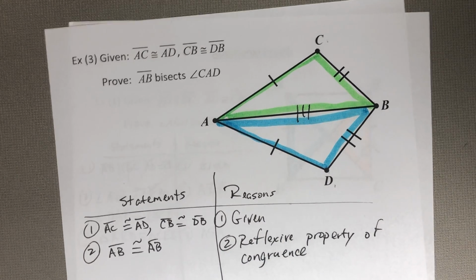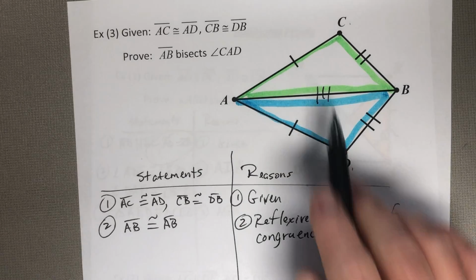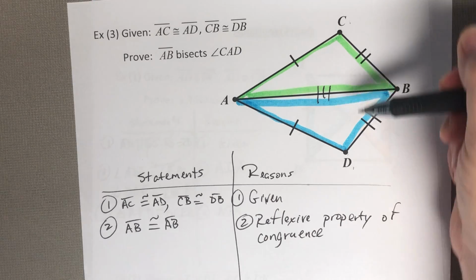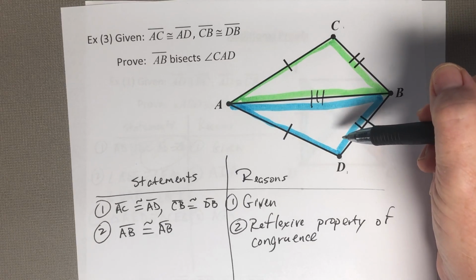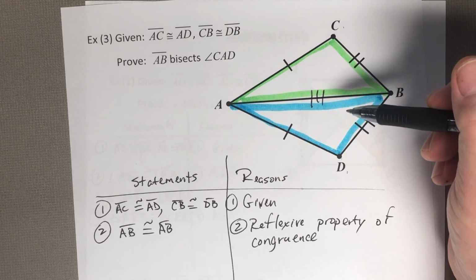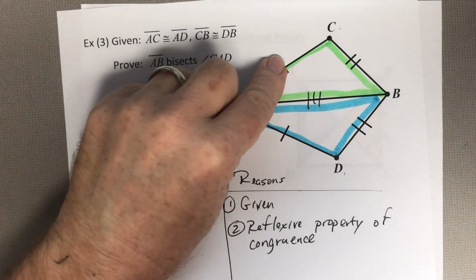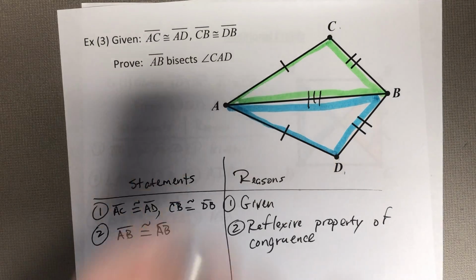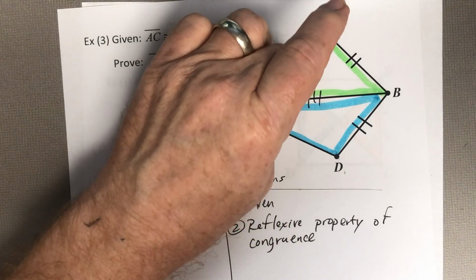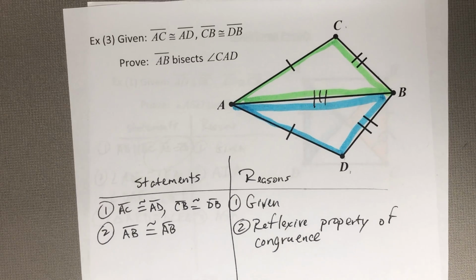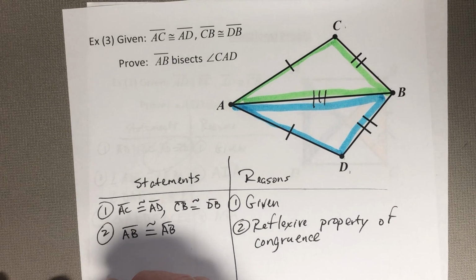All right, now that I know that, I've got three pairs of parts from the upper triangle congruent to three pairs of parts in the lower triangle. That means I can determine that those two triangles are congruent. It's all three pairs of sides of one triangle congruent to corresponding sides in another triangle. So those two triangles are congruent by side, side, side.